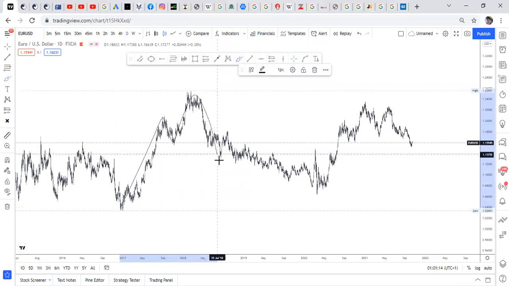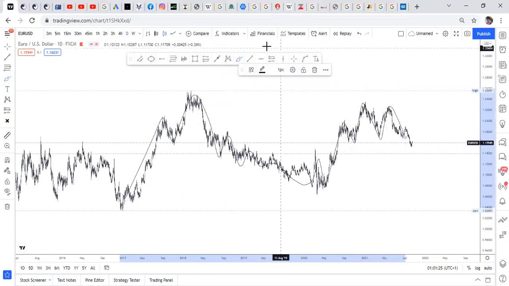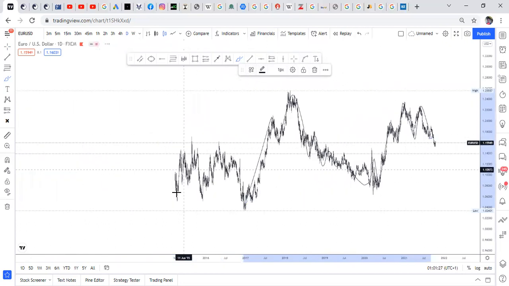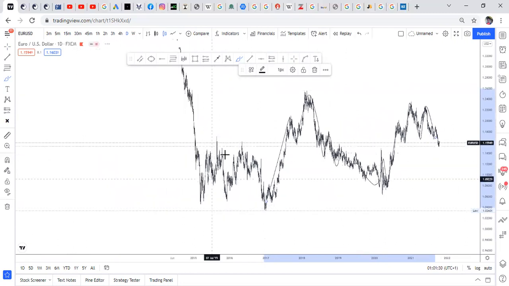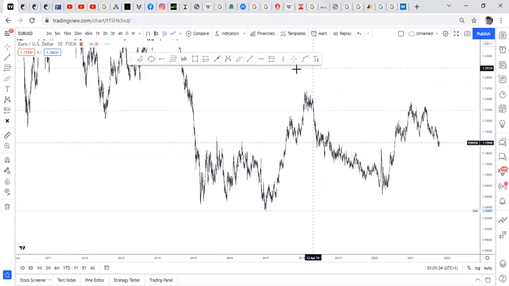We had this move and several down moves, this impulsive move, this move, this move, and this move. So the chart has actually been in a consolidating phase, an uptrend, and this. Now, why do trend lines fail?